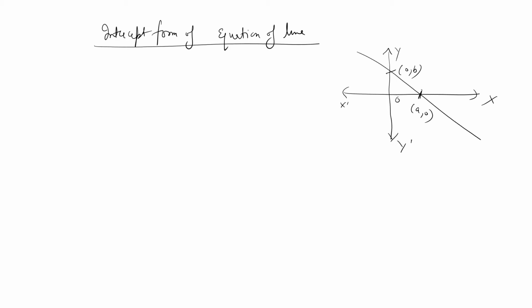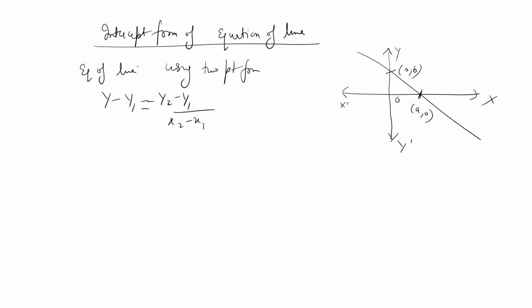Okay. Then the equation of the line, because the two points are known, I'll just reduce it to one form and then let you know what the direct intercept form will be. If the equation of line using two point form, what will it be? It will be y minus y1 is y2 minus y1 upon x2 minus x1 into x minus x1. So I'm taking x1, y1 here and x2, y2 here.